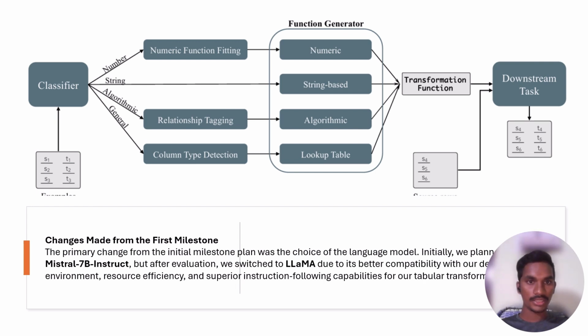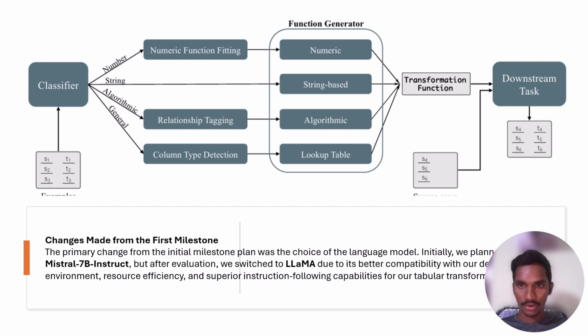Number transformation will be carried out by numeric function fitting, and for string classification, a function will be generated. For algorithmic also a function will be generated, and column type detection will happen, and the lookup table, if any is provided, will be looked up by the LLM itself, and the LLM will generate a function, and when we ask it to apply the function to the specific column, it will apply that specific function to that column.